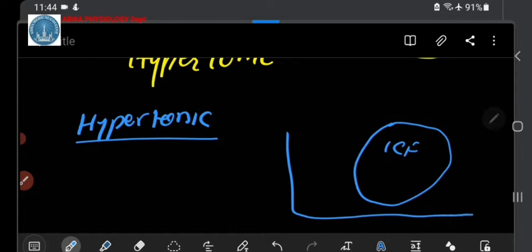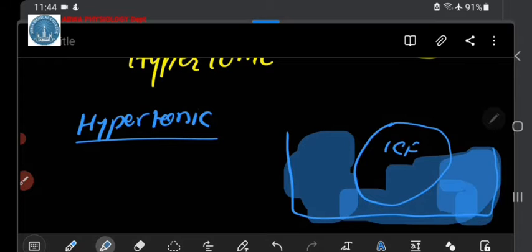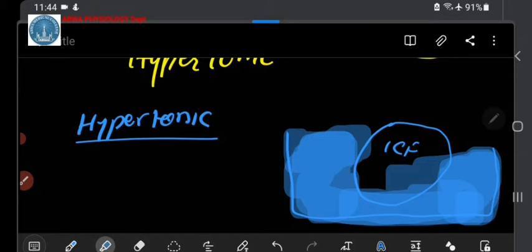If we draw a cell like this, this is the intracellular fluid, and we put it in a medium containing a solution that is hypertonic.